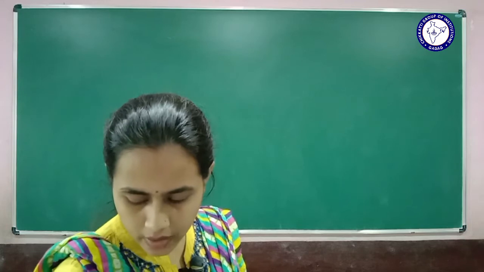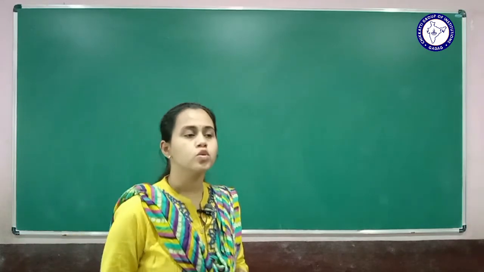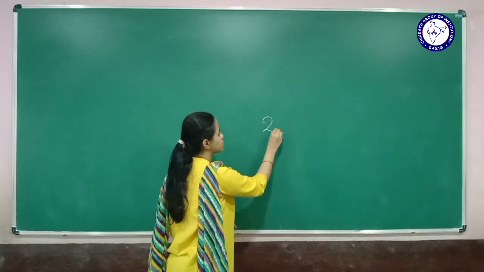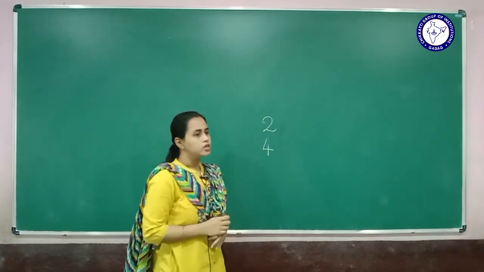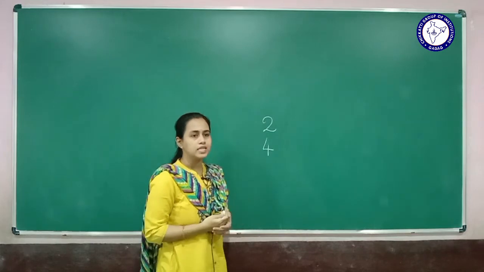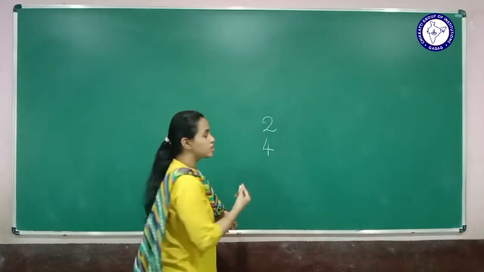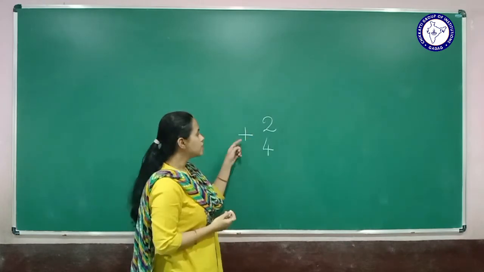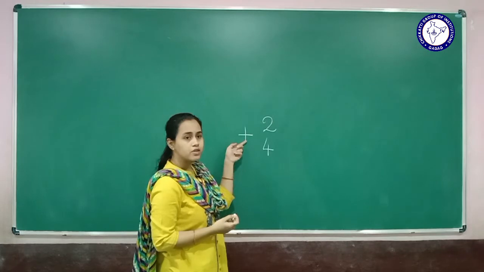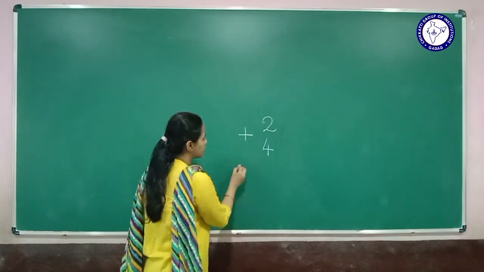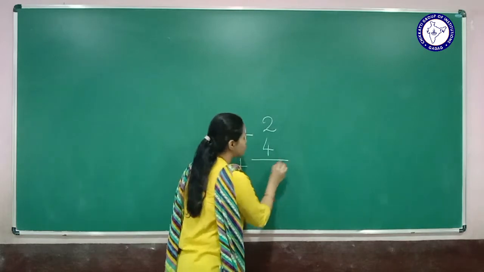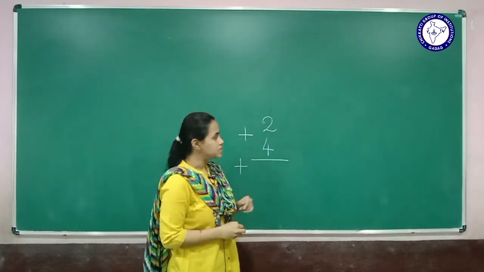So we will do some exercise here, okay? How do we know, when I am writing the numbers 2 and 4, that we have to add these? Here is the symbol for addition. We say plus. This is the symbol for addition. So what do we have to do now? We have to add this.